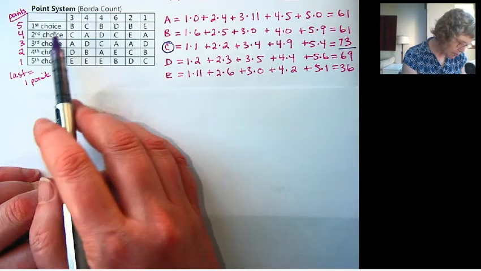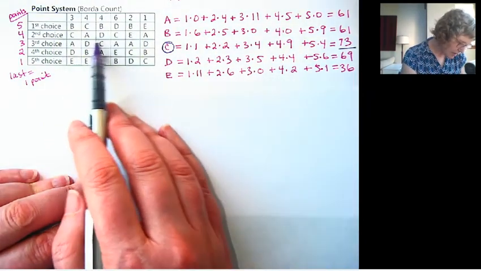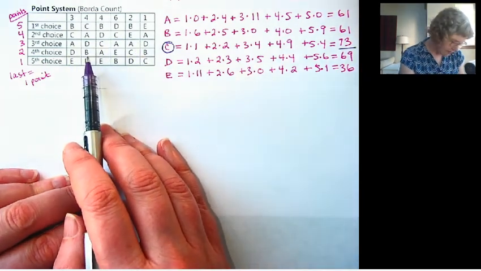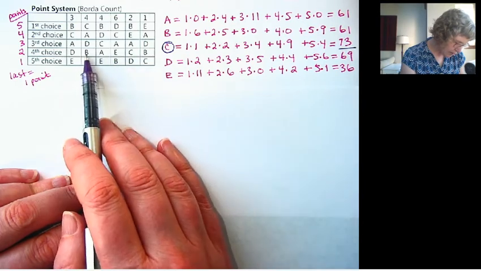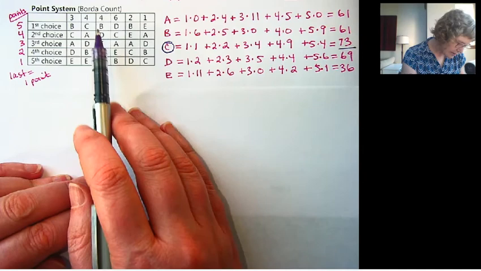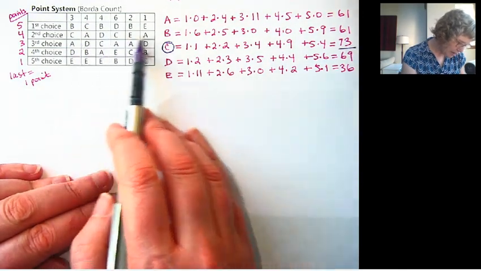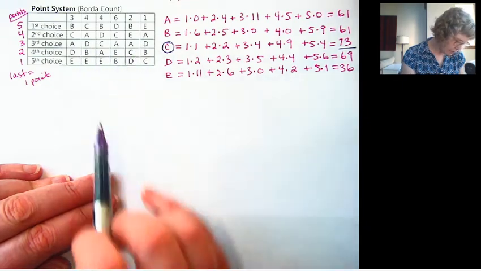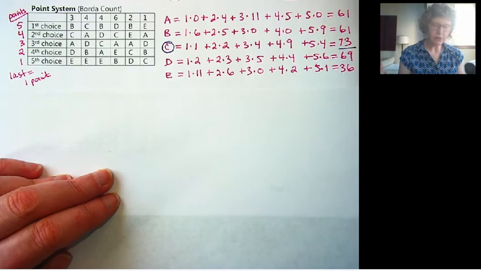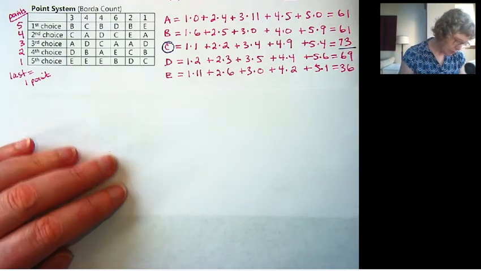So for example, B had a lot in first choice, but then they weren't in the second and third rows, so they were all or nothing, and they were fourth and fifth choices, whereas C didn't have very many first place, but had a lot in the second and third choice rows. So that is when this method will be used. Okay, so that's the Borda count.